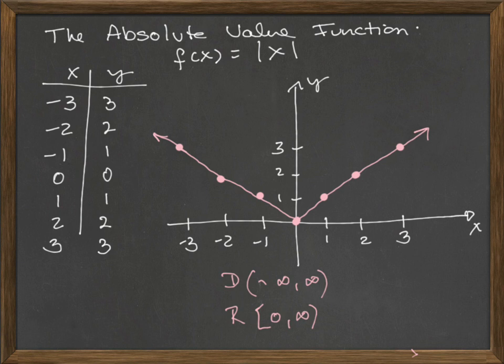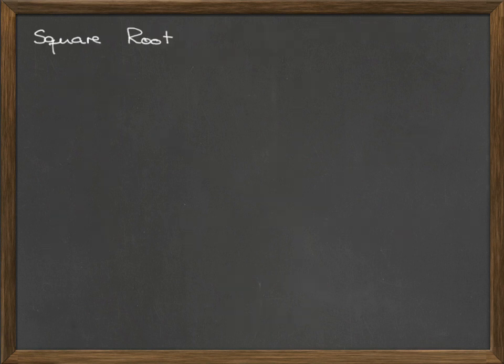What else do we want to graph? The square root function? Let me change my background. Here you go. Now you're all awake. Or not. Go ahead and graph the square root function.